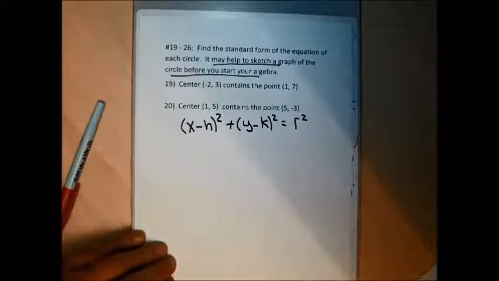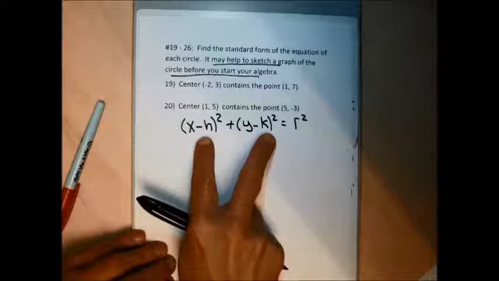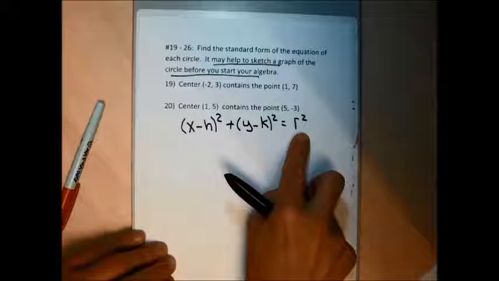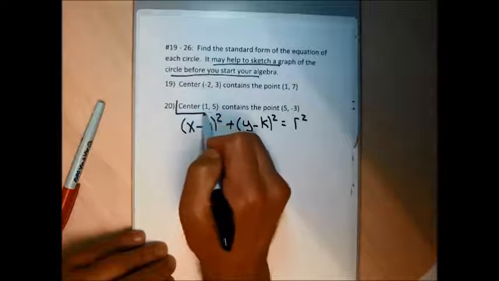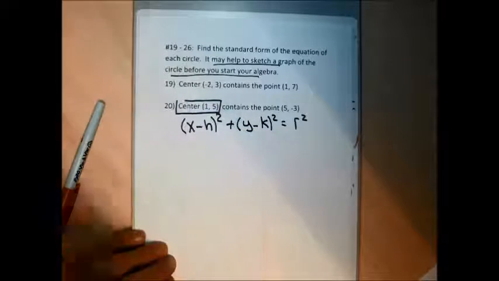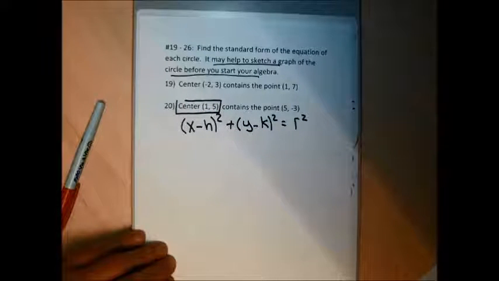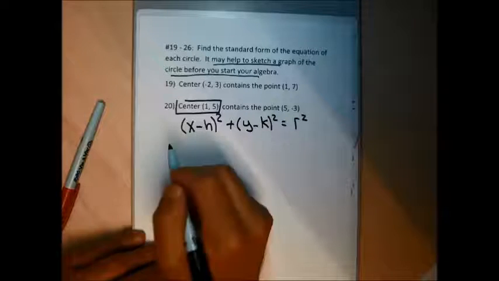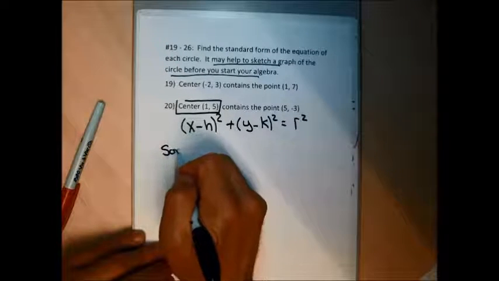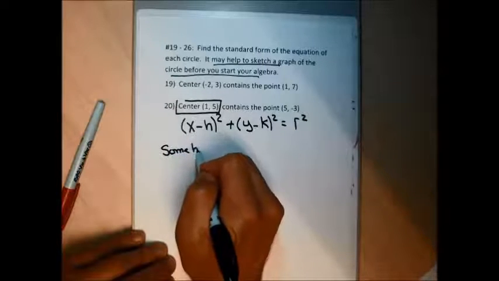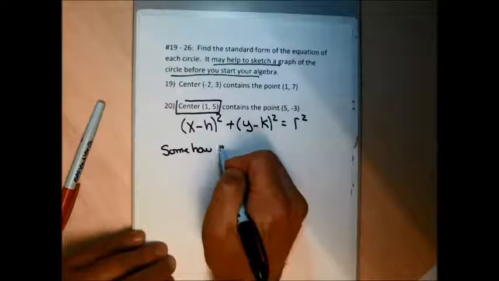In order to do problem 20, I need to know both the center and the radius, because the center gets split on the left-hand side, the radius goes on the right-hand side. Well, I already have the center. I need to do algebra to find the radius. Once I have both the center and the radius, I can write the equation of my circle. So somehow, I need to find the radius.